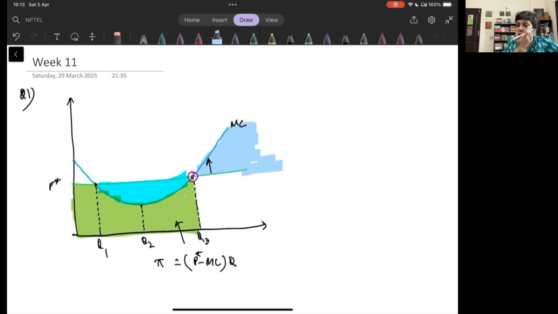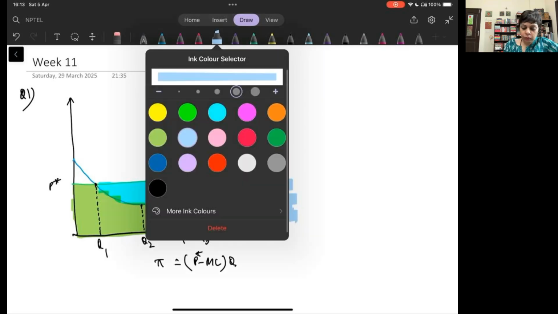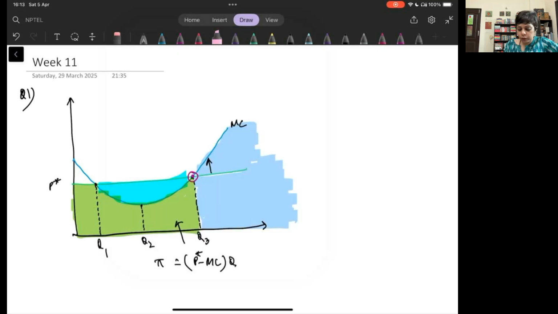Marginal cost is above the price curve, which means P minus MC is a negative quantity, which means the firm is going to go into losses. This whole thing is the cost, okay? This whole thing is the cost, and the revenue which the firm is making is this much, the pink area.